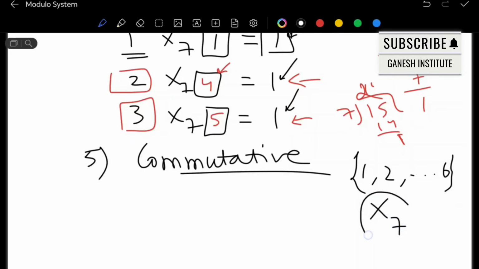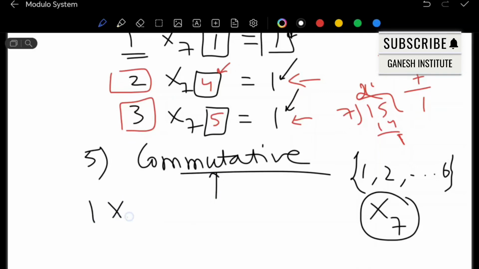So firstly, we found all the elements in the group under modulo 7 by creating a table. And now to check whether it is an abelian group or not, we are confirming with those 5 properties: closure, associative, existence of identity, existence of inverse, and commutativity, right? So now for commutative, what is it?